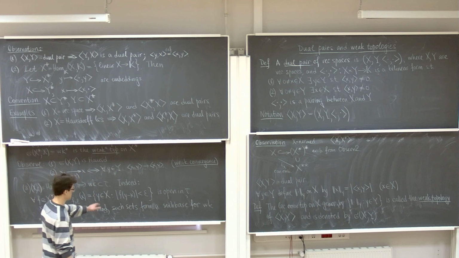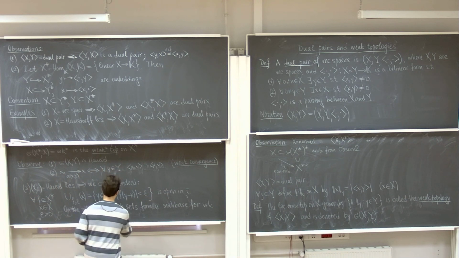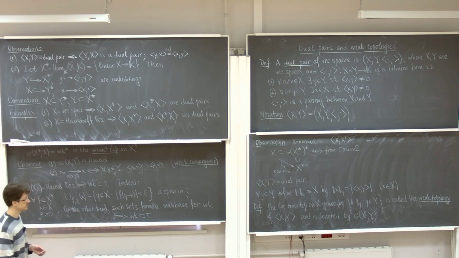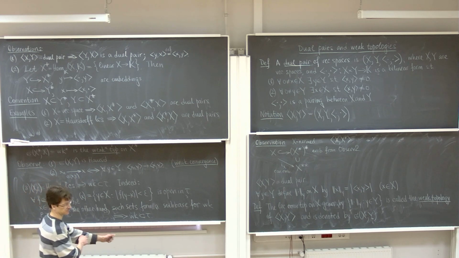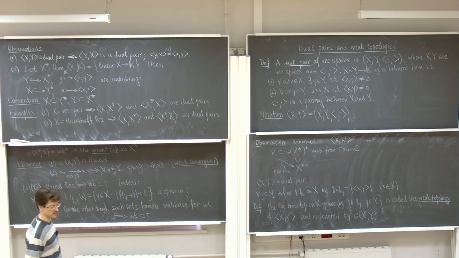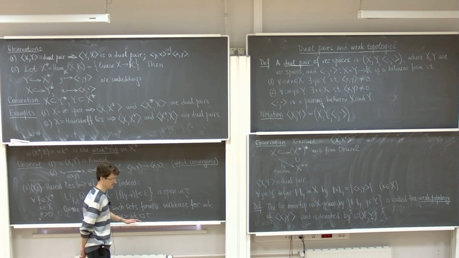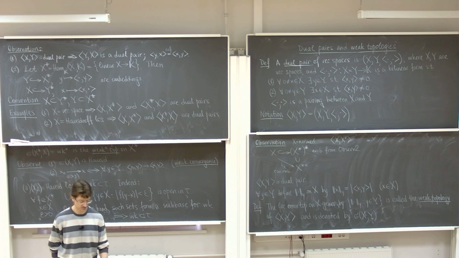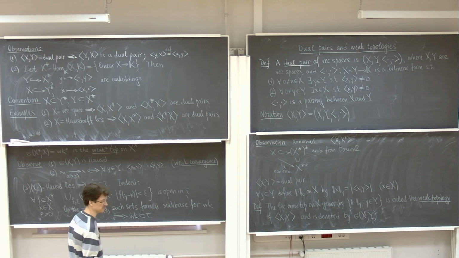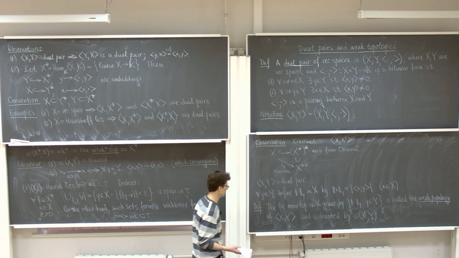And so since each such set is open in tau, we conclude that the weak topology is weaker, not stronger, than tau. So this explains why the weak topology is called the weak topology. In fact, in most concrete cases, the inclusion is strict. That is, the weak topology is strictly weaker than the original topology. But there are some exceptions in which these topologies are the same. Such examples are already contained in exercise sheet 3.